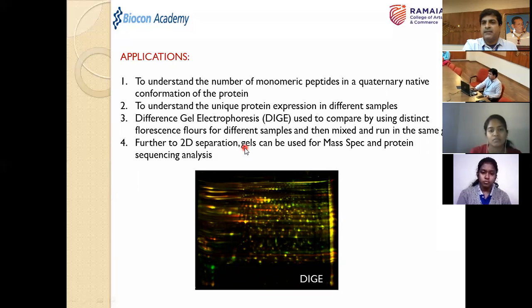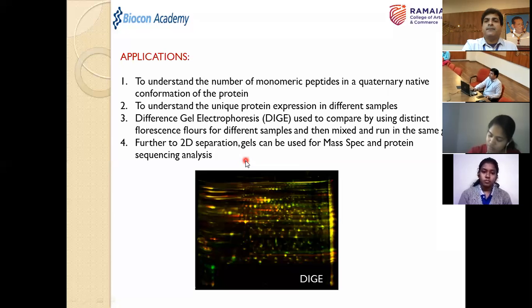So two proteins with the same mass can be separated in two-dimensional gel electrophoresis. That way, 50 spots or 50 sample components you observe in SDS-PAGE become 1000 components, for example. That is called resolution. You are increasing the resolution of the sample analysis.